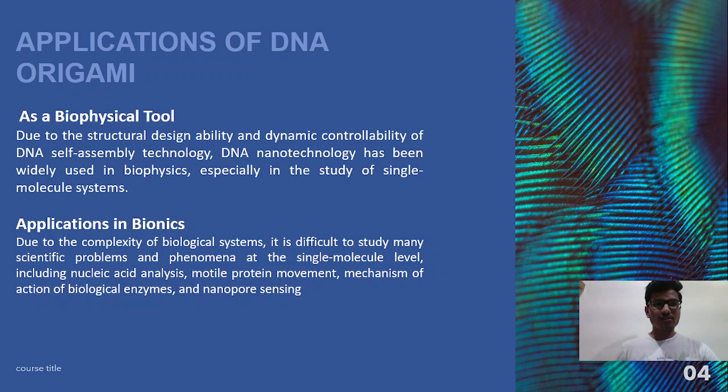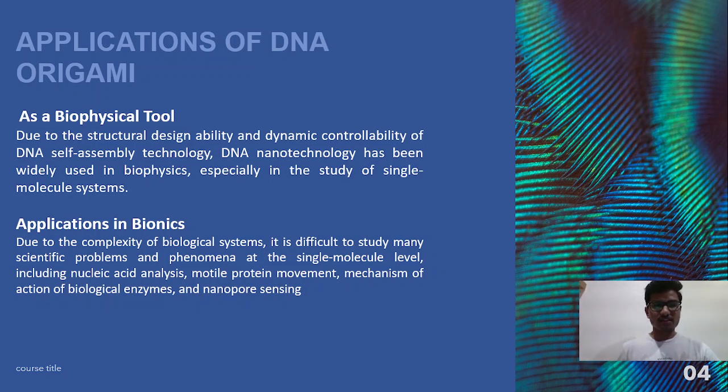Next, coming to some of the applications of deoxyribonucleic acid origami. First, it is used as a biophysical tool. Due to the structural designability and dynamic controllability of DNA self-assembly technology, DNA nanotechnology has been widely used in biophysics, especially in the study of single molecular systems.